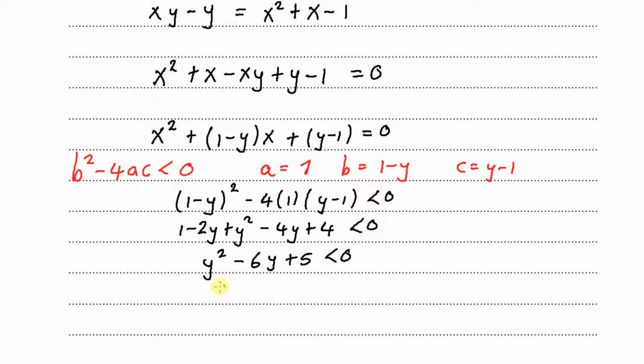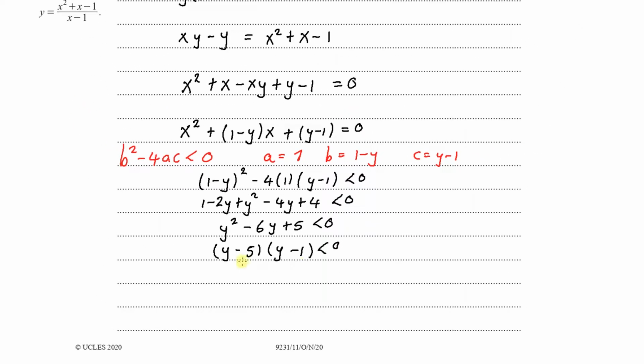Here we can also factorize. This is y here and y here, and factors of 5 whose sum is minus 6 are minus 5 and minus 1. So we have two critical points, 1 and 5. We'll have a small sketch of the quadratic graph with y here. It's a U-shaped parabola with the critical values 1 and 5, plus, minus, plus.